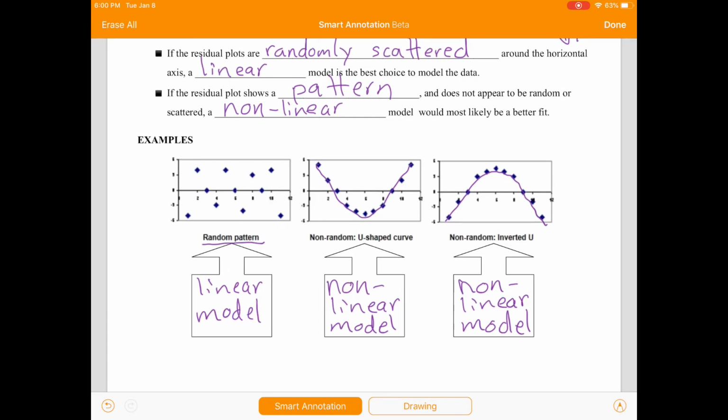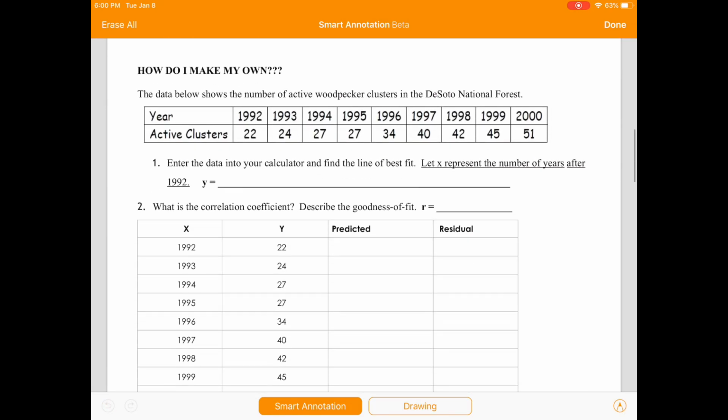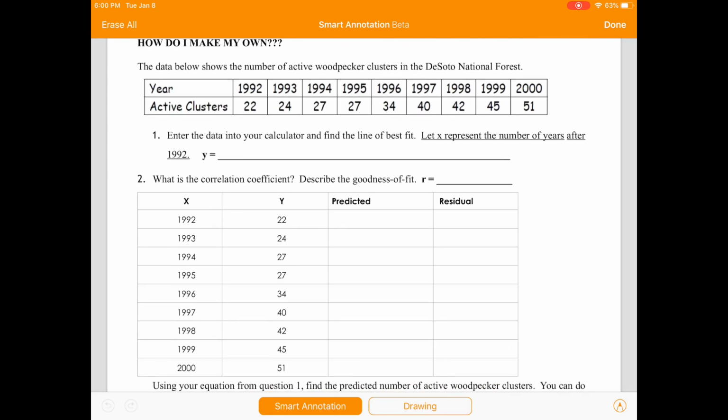So how does this look with an example of actual data and finding our residuals? So we're given a set of data points. In our years, we want to change it to simpler numbers because I don't know about you, but I don't like working with big numbers. So we're going to create 1992 as our 0. If we create that as 0, we've got to look at how many years are in between 1992 and 1993.